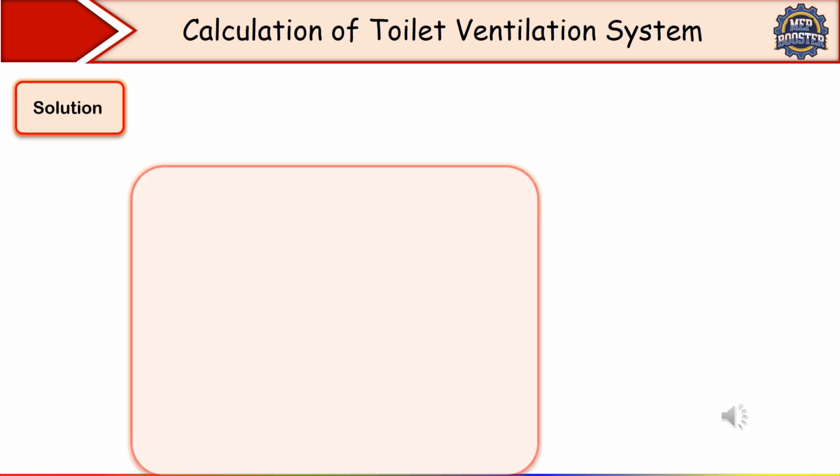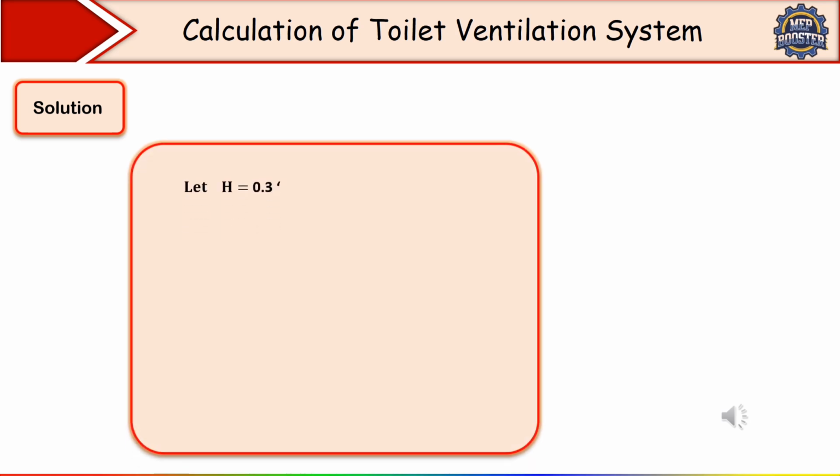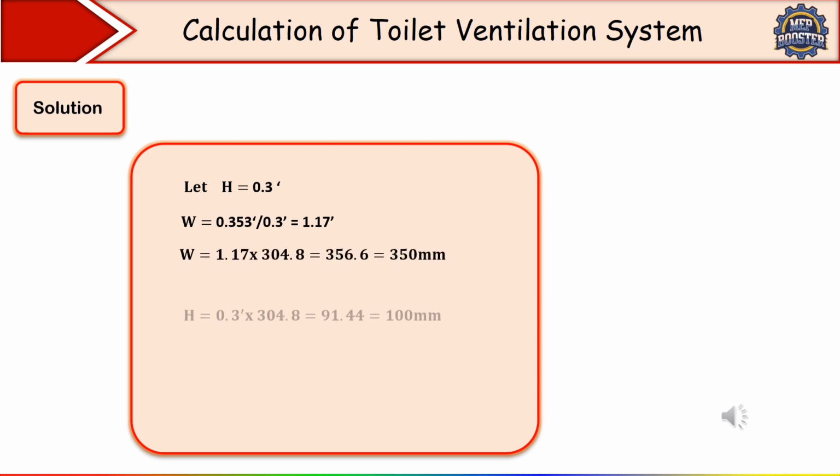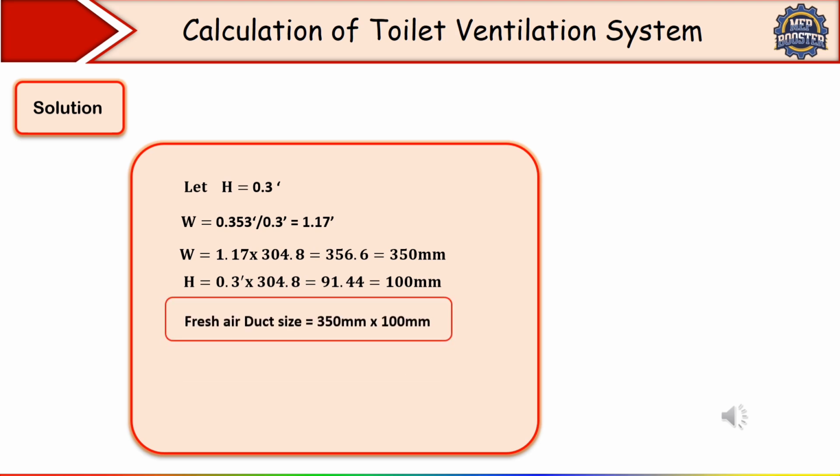Now suppose I am assuming the height is equal to 0.3 feet. Put the value, you will get the width. Finally you can convert this feet into mm. How? We multiply by this factor, 304.8. So the width we have calculated is 350 mm, height of duct 100 mm. Finally we get the fresh air duct size: 350 mm into 100 mm.